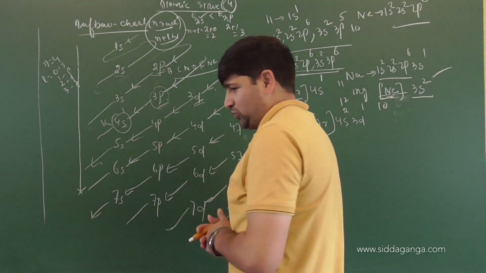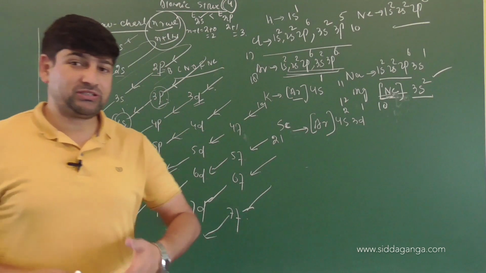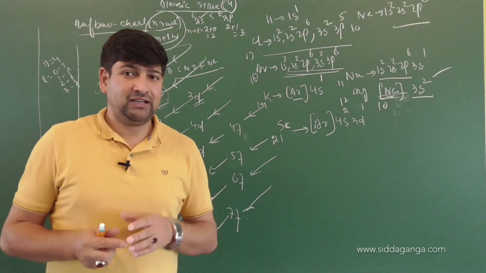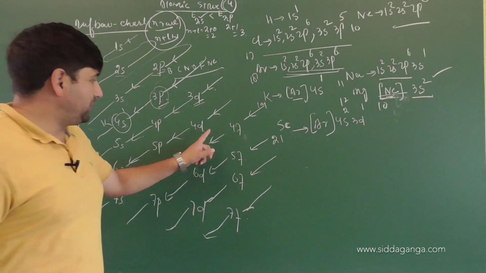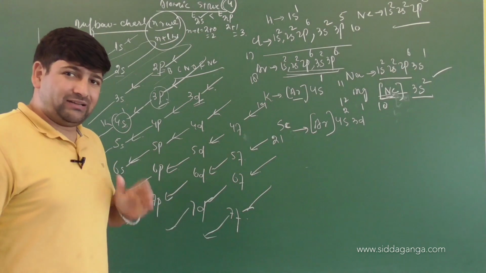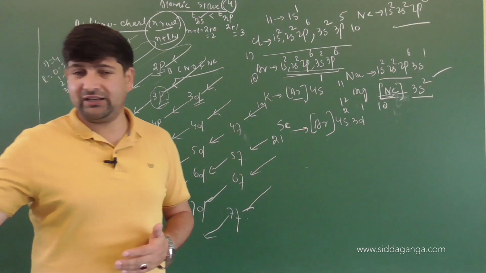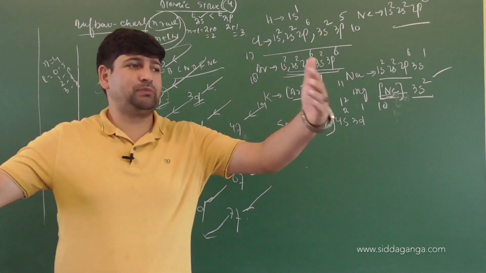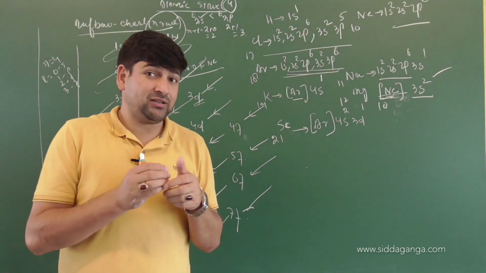Now d, as we know, has how many orbitals, children? We learned yesterday. The d subshell has 5 orbitals. And it can accommodate how many electrons on the whole? 10. So d can accommodate a total of 10 electrons. That's why in the transition series, which lies between the s block elements and the p block elements, there are 10 groups.